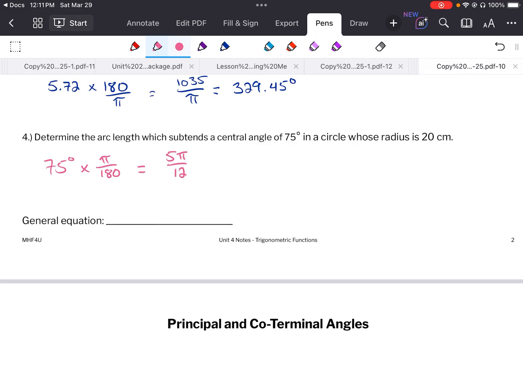Okay. And to find arc length, which we represent as S, S equals our radius multiplied by our radian measure. That gives us 100 pi over 12, which simplifies to 26.2 centimeters.